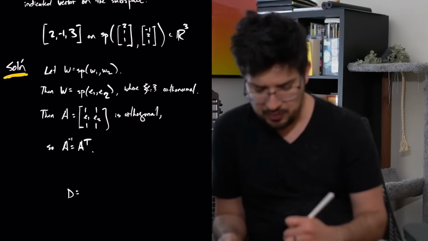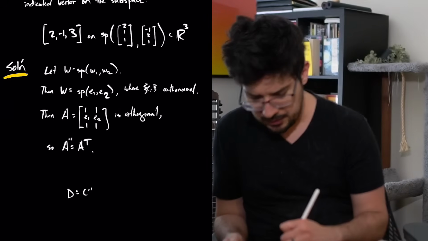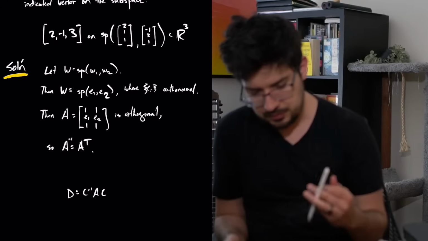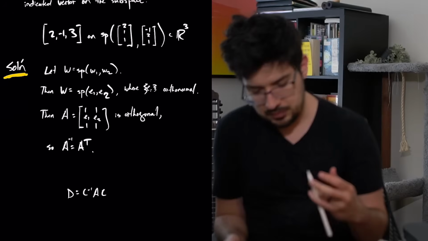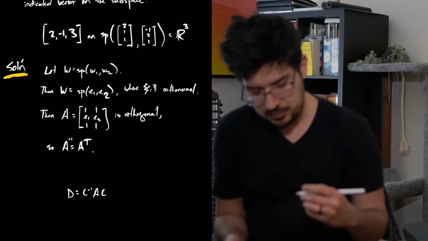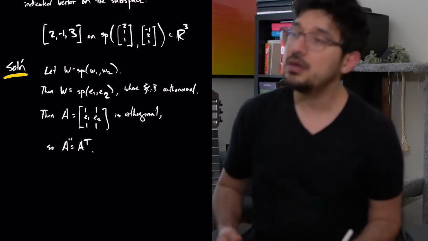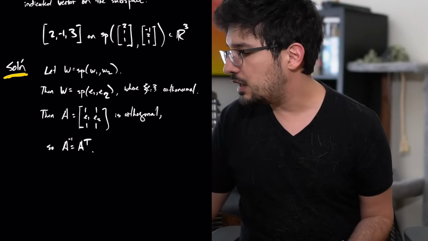Do we also use some sort of similarity, like diagonalization similarity thing? I think I'm kind of stuck. How do I get the projection matrix? I have to review. How does this work?